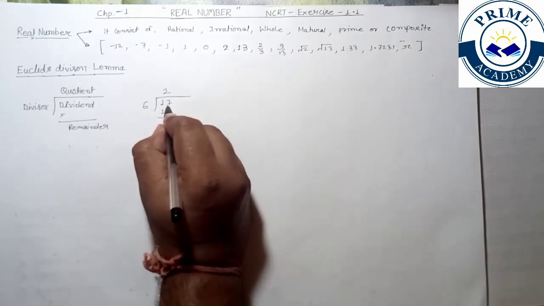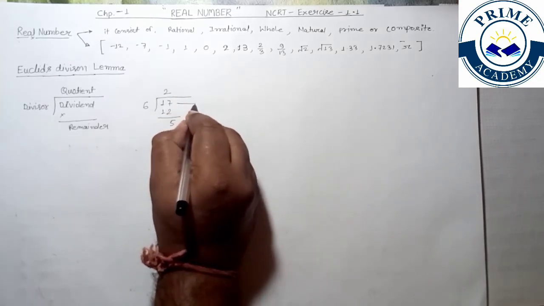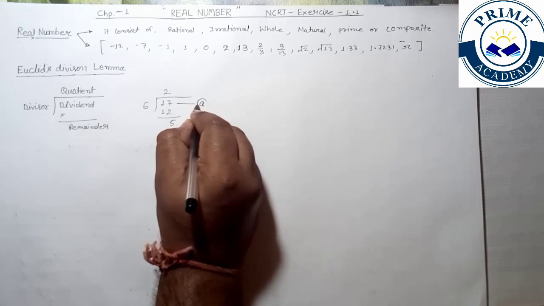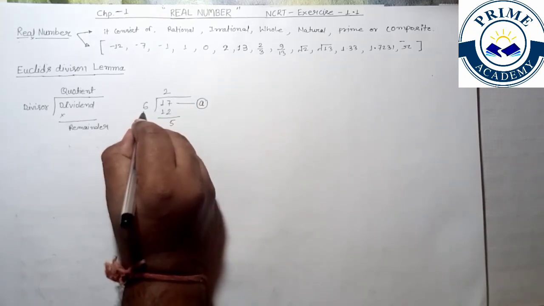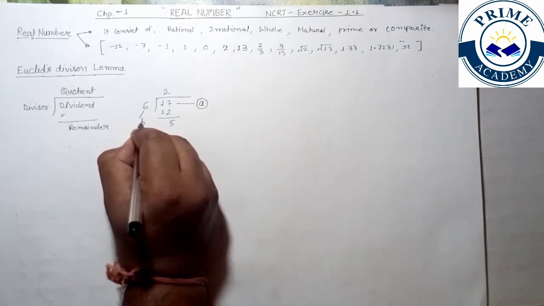This number 17 we take as small a. The divisor we take as small b.